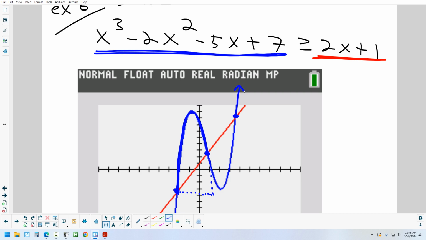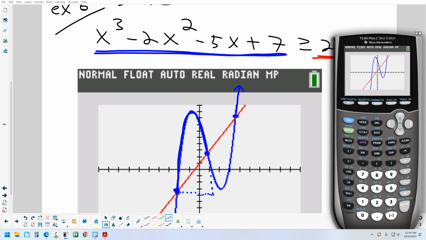So how am I going to get these 3 points? What do I have to do? How about Calvin? What do I have to do on the calculator? Find the intercepts. Yeah, I'm going to have to do all 3 of them. And remember, I'm looking for the x value, because that's the letter that's in the problem. We're solving for x. So let's do intersect.